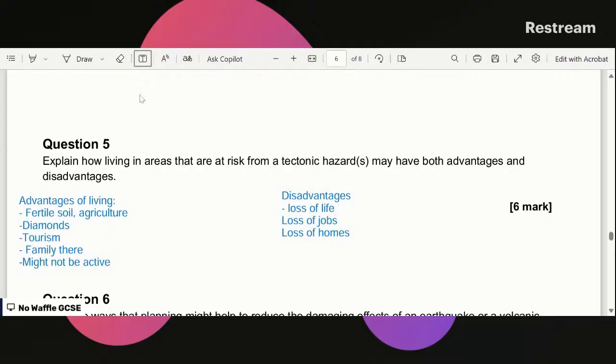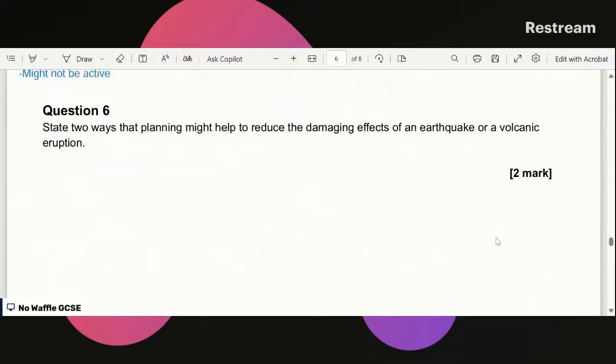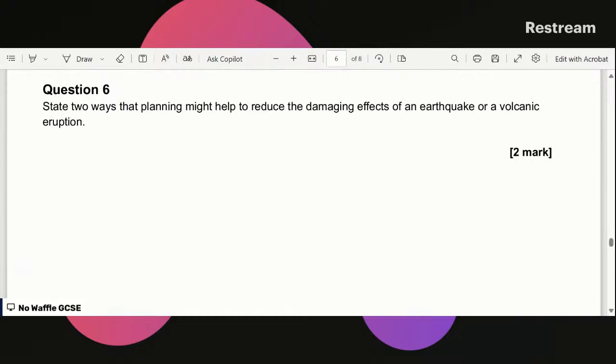Okay, moving on. Suggest 2 ways that planning might help to reduce the damaging effects of an earthquake or a volcanic eruption.